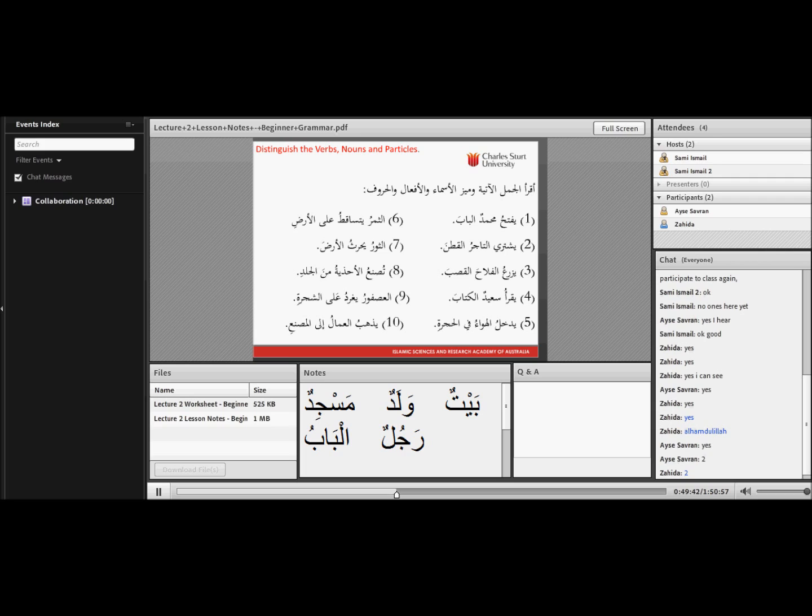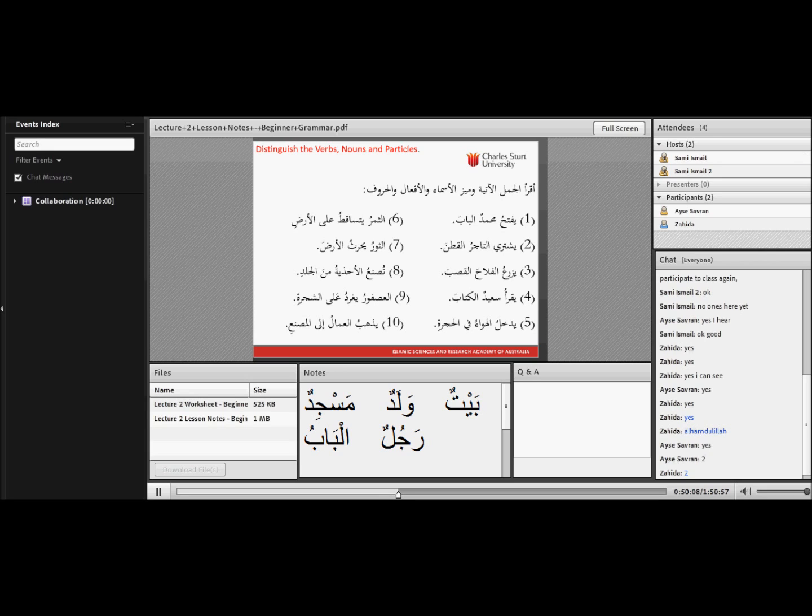And then we also looked at the harf, or the particle, and we said that the particle does not carry a meaning on its own, and doesn't give a very clear picture or meaning. It has to be accompanied with something. Some examples of the harf are fi, ila.